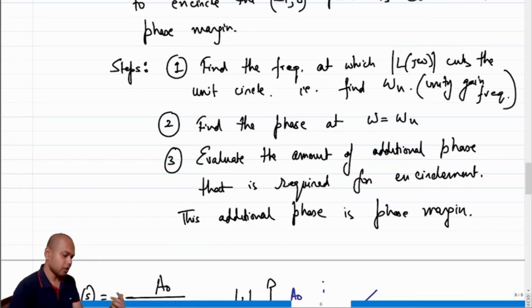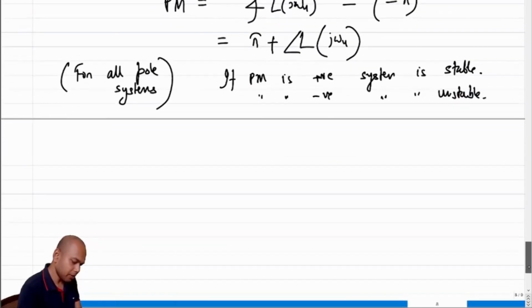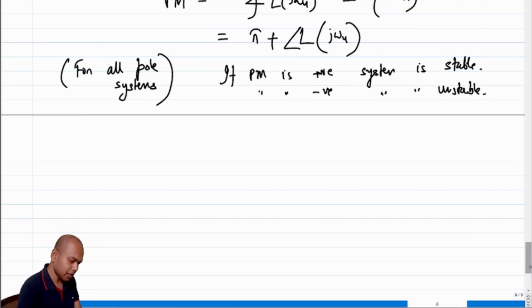Then we find out the phase of the transfer function at that unity gain frequency, and then we figure out how far we are from the -180 degree phase at the unity gain frequency. That difference is the margin, and that margin is phase margin. It will become clearer as we do more examples, and that is what we are going to do next.